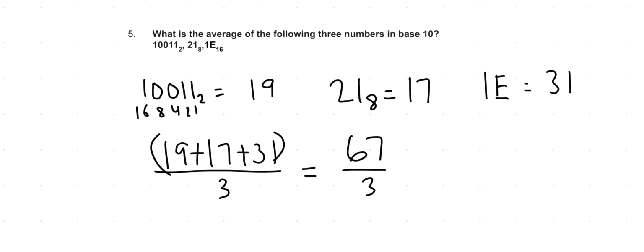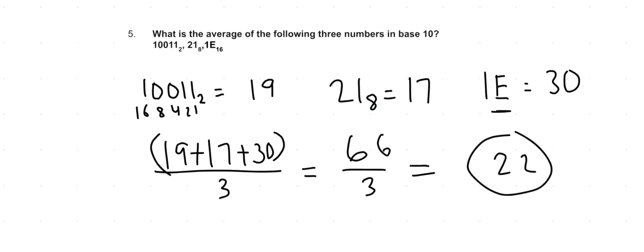Oh yeah, I messed up. This actually always trips me up. E is 14, not 15. So this would be 30. My bad. So then the average would be 22. And I checked, and this is correct.